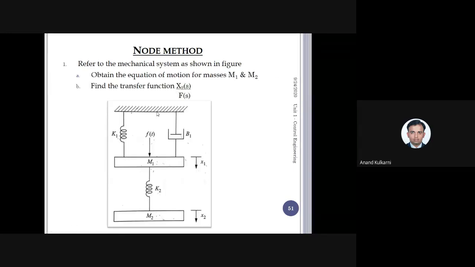Now, once this is done, we have to observe how many connections or interactions are happening at M1, because M1 here we are representing as a dot. For that dot, we have to see how many interactions are happening. One is a spring. The second interaction is a force. The third is a damper.